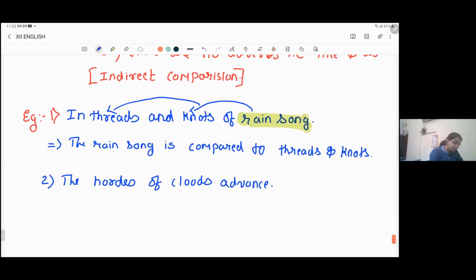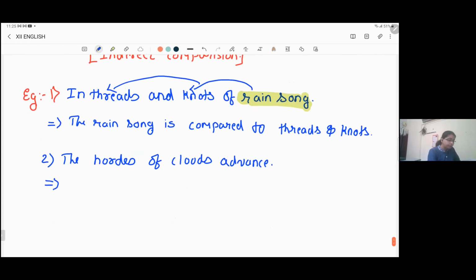Now, what are they? Hordes means what? The clouds are compared to hordes.